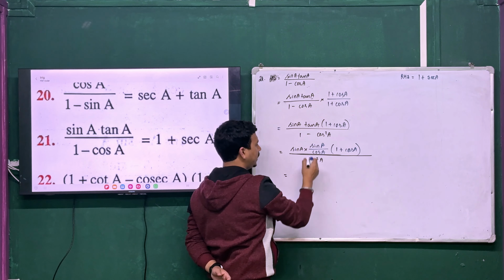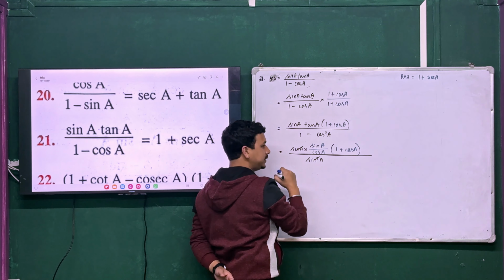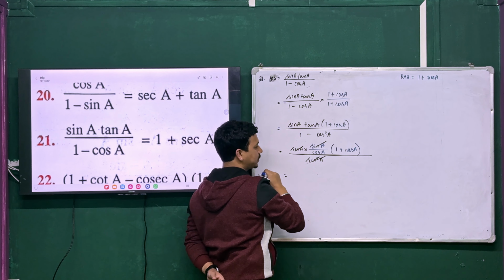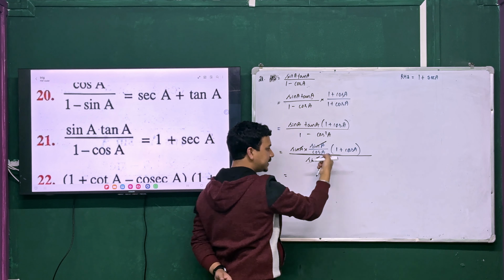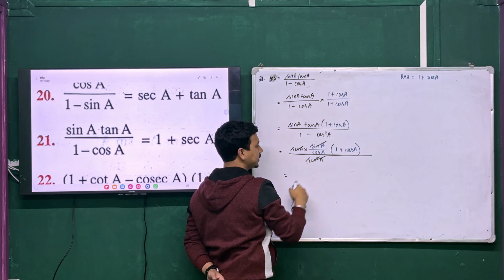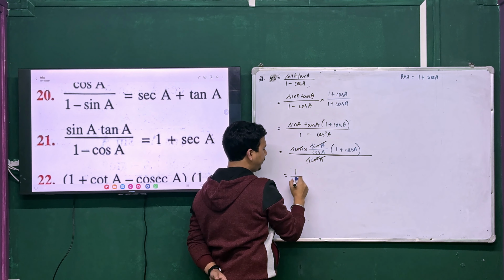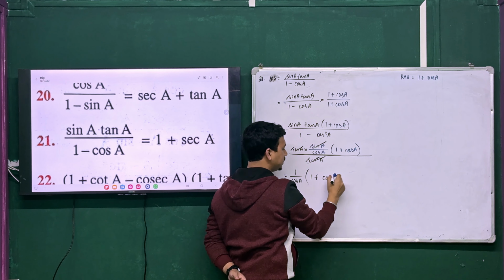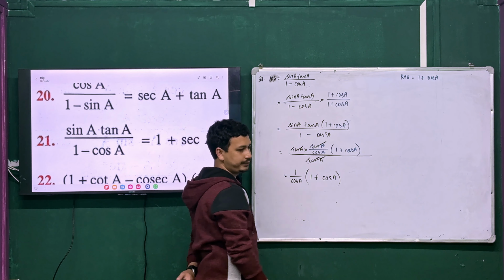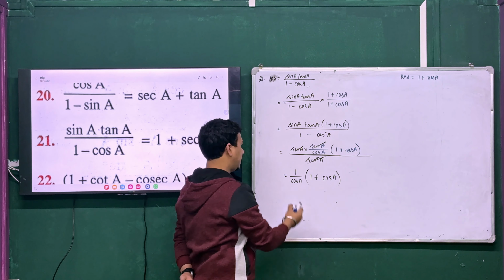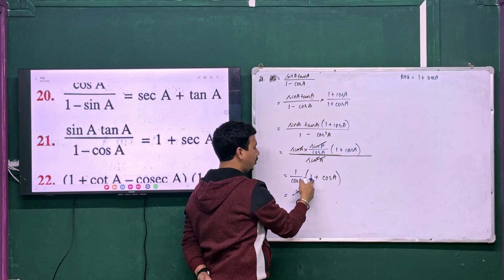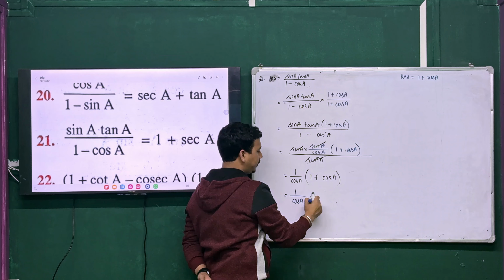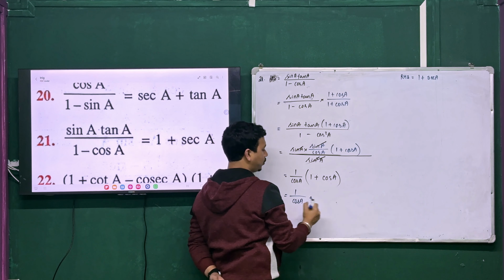Okay, so now here we can cancel sine A and square, and then we can cancel this sine A with the entire square. Now the main division, there's nothing below it, so we don't need to write. So here what do we get? 1 upon cos A times 1 plus cos A. Now you open the bracket. 1 by cos into cos.